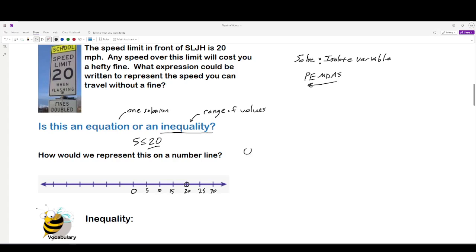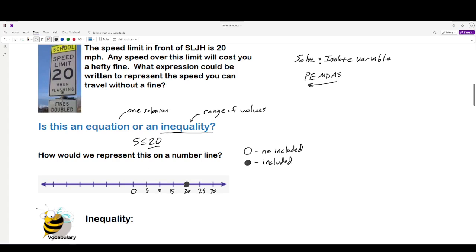And we have two options when we draw a circle or a dot at the number 20. If we draw an open circle, then it does not include that number. So that means we can't go exactly 20 miles per hour. Whereas if we fill in the circle, then that number is included. So in this case, if the car is going exactly 20 miles per hour, then we're okay. So we're going to fill in that circle and make it solid to show that it's okay to go 20 miles per hour.